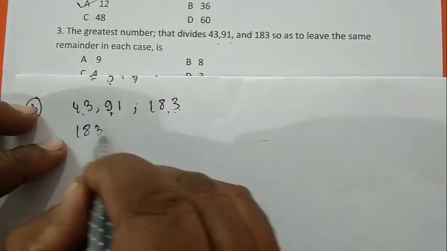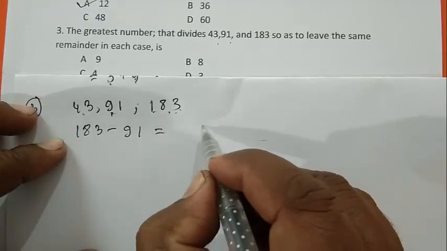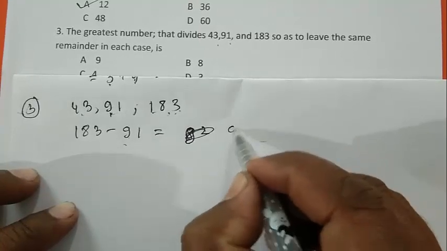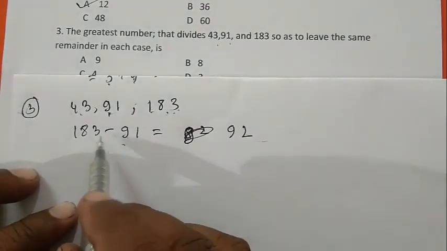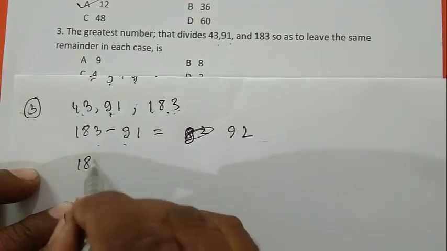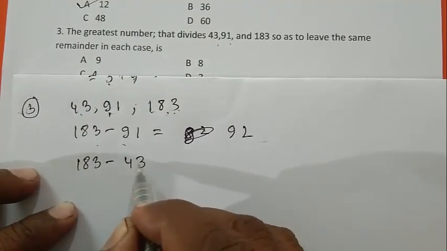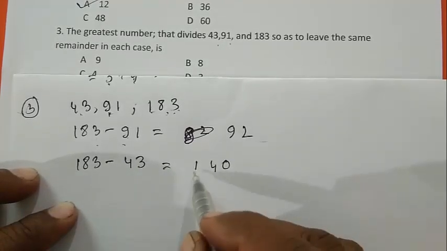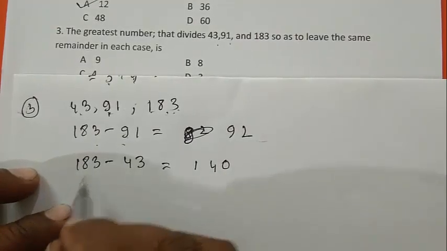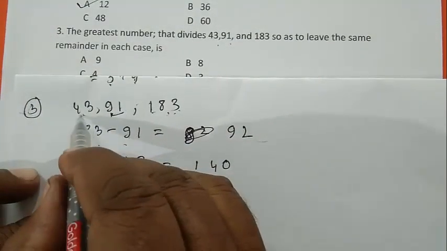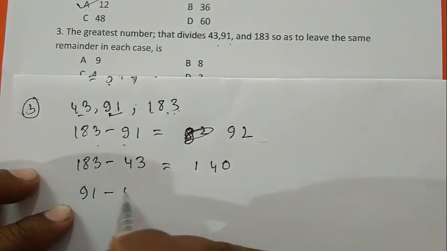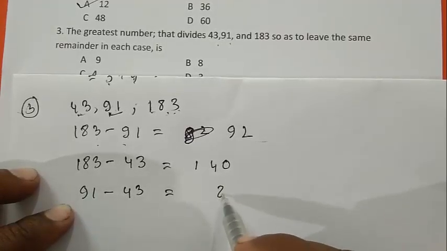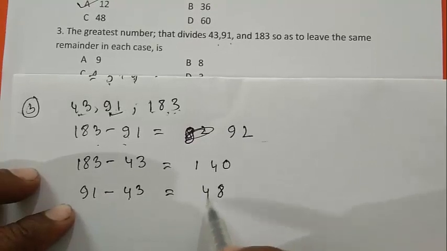So 183 minus 91, we get 92. 183 minus 43, that is 140, and 43 from 91, so 91 minus 43, we get 48.